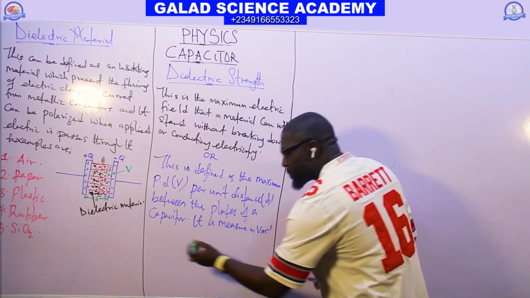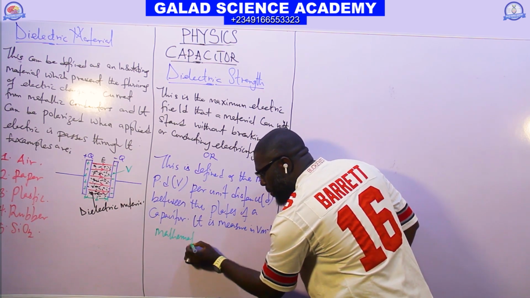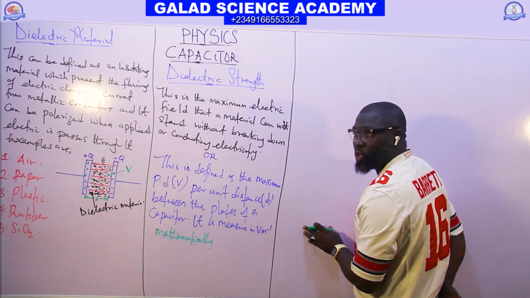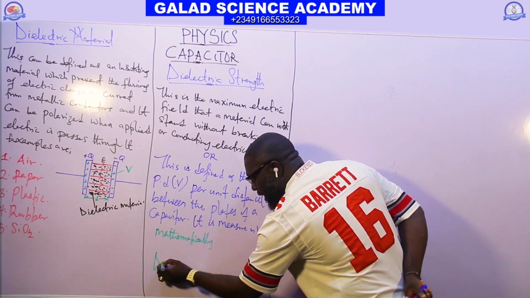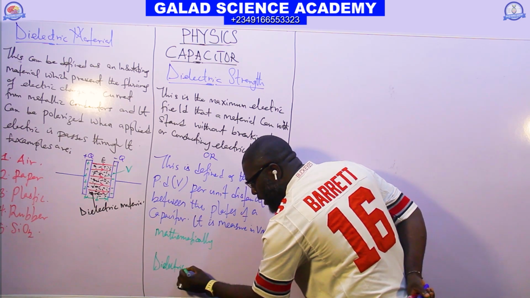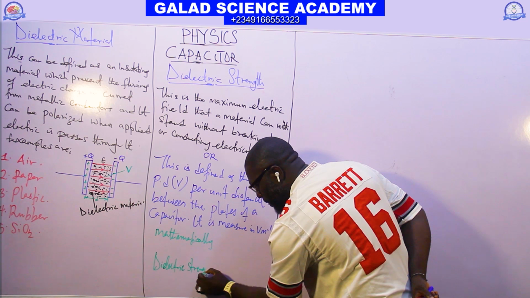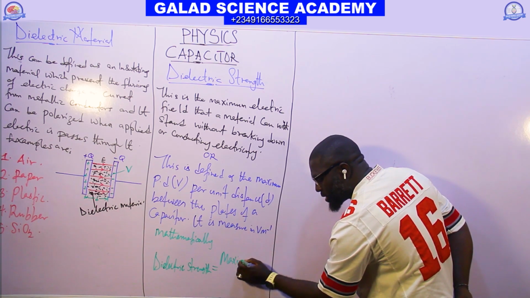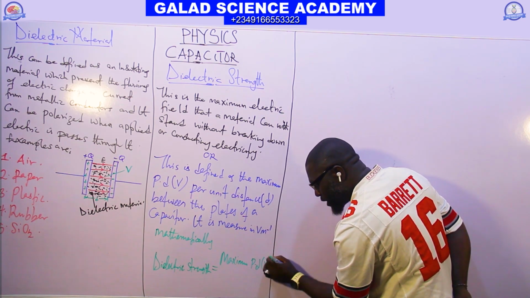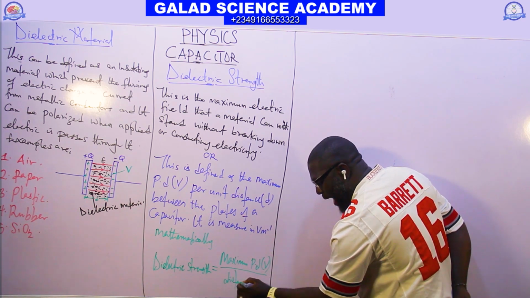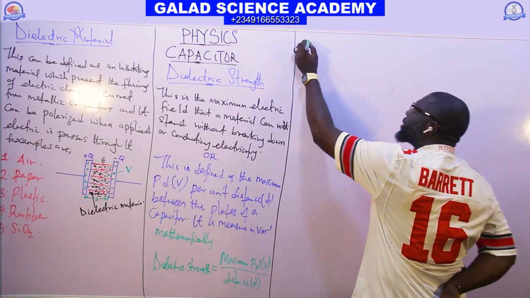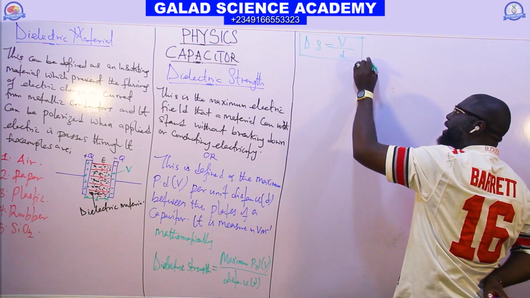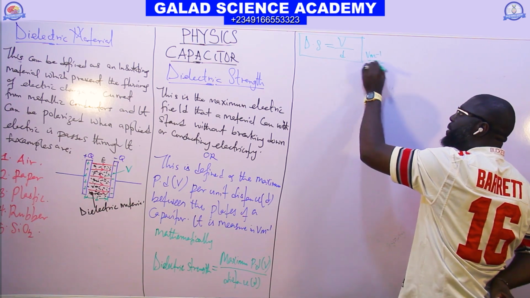So mathematically, I have the dielectric strength equal to the maximum PD, which is V, over the distance apart, which is D. You can now say the dielectric strength is equal to V over D, and it is measured in volts per meter.